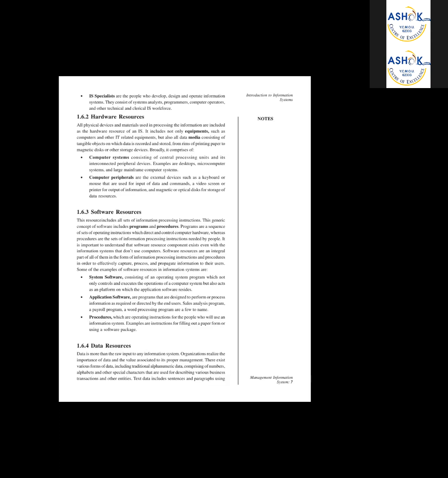Fourth, information system resource or data. Data is more than the raw input to any information system. Organizations realize the importance of data and the value associated with its proper management. There exist various forms of data, including traditional alphanumeric data, comprising numbers, alphabets, and other special characters that are used for describing various business transactions and other entries.